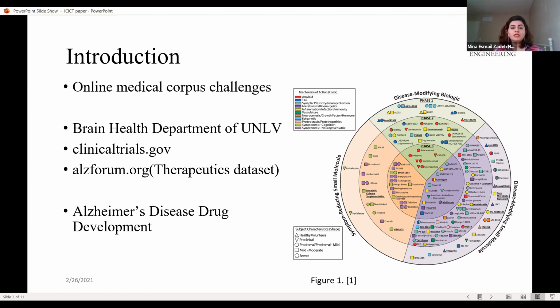And what they need to do is read large text files in order to categorize and label different drugs' mechanism of action. Here, on the right side, you can see how they are categorizing different drugs, for example, into these three categories: symptom reducing, small molecule, disease modifying, and other categories.